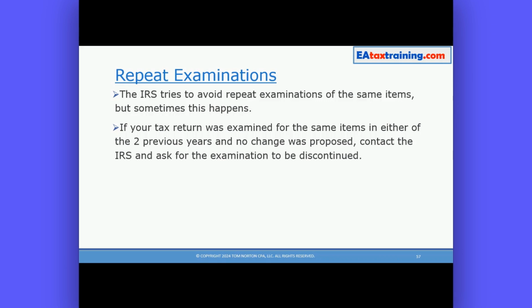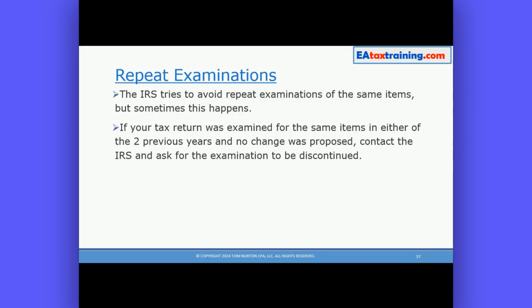So for example, let's say you've got a taxpayer that has a lot of medical expenses. They've got a large medical expense deduction on their tax return, and it's because they've got legitimate medical issues. They just have a lot of medical bills. So it gets audited.